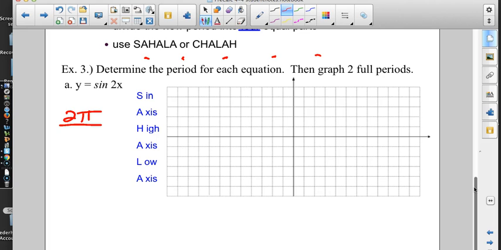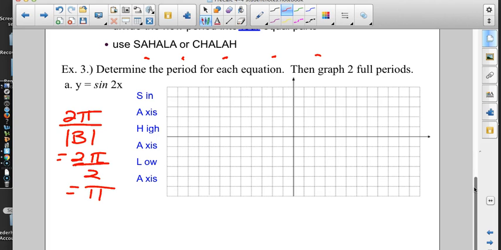So I'm just kind of getting a feel for the graph before I do anything. And that absolute value of b in this case is going to be a 2. So this is telling us that the cycle here is not 2 pi anymore. It's 1 pi.